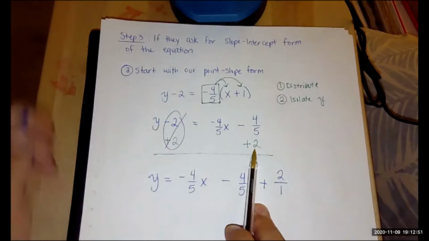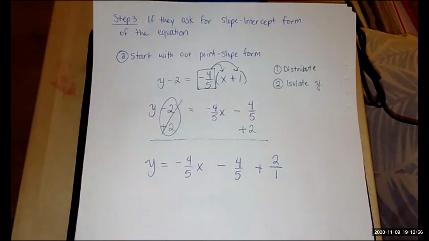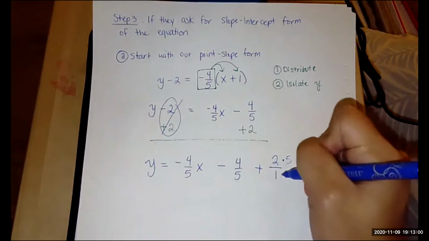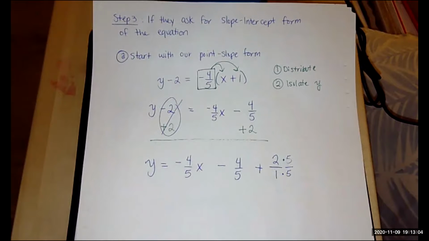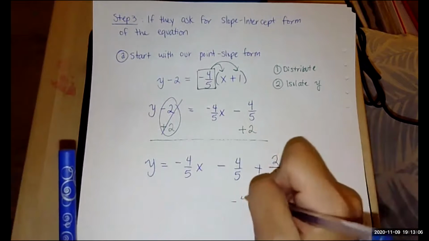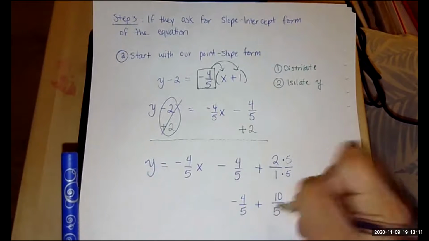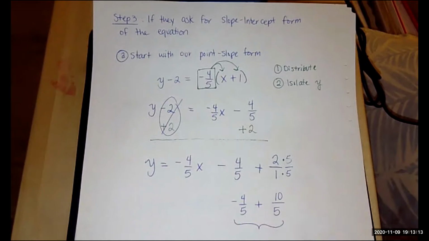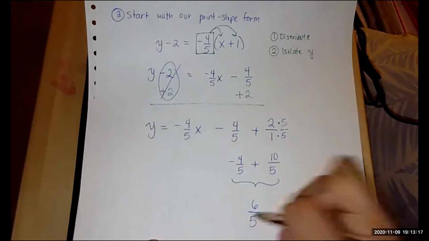That's the same thing as 2. But now I need a common denominator. So I'll go ahead and multiply this fraction by 5 over 5 so that I now get -4/5 plus 10 over 5.